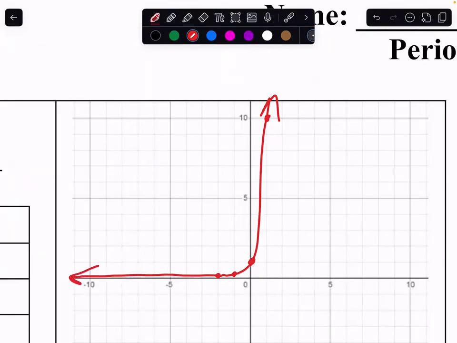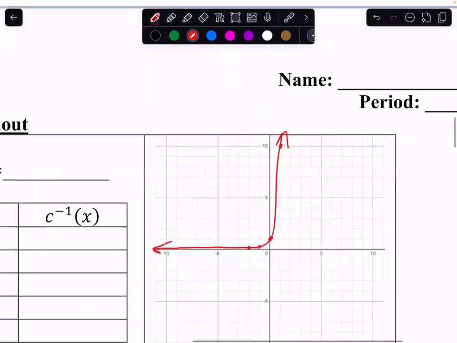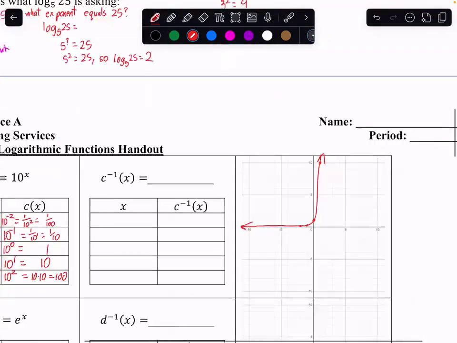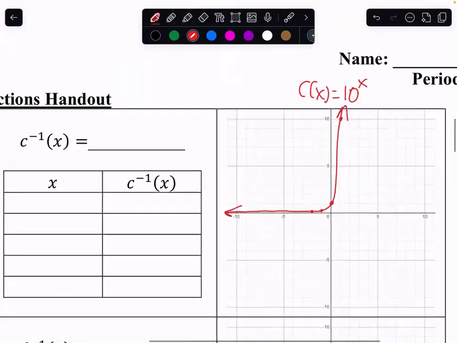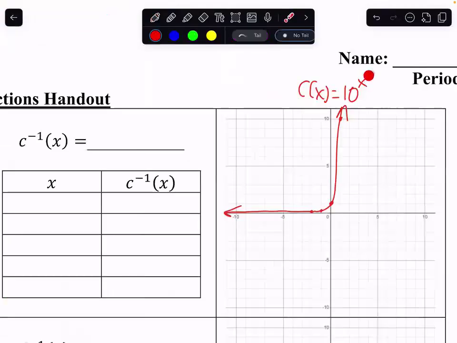So you never quite hit 0. You're always barely positive. So you never hit 0, you never cross to the negatives. And again, this function that I'm graphing in red is 10 to the power of x. So this is an exponential function. The variable is in the exponent.